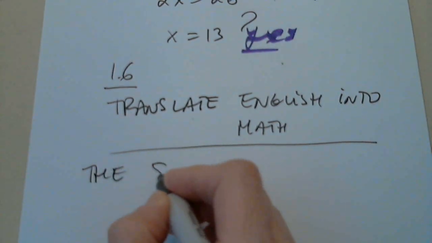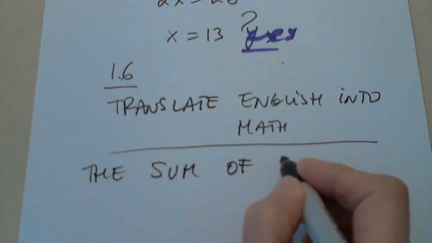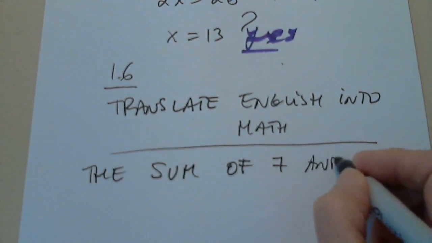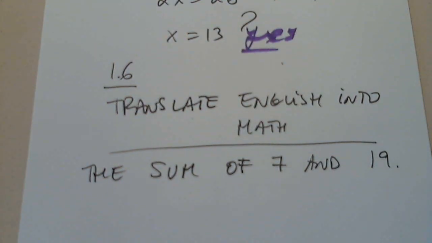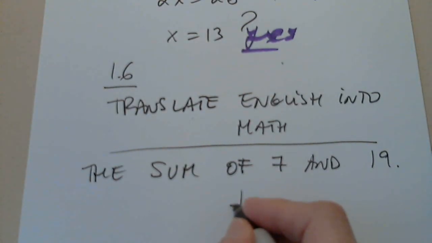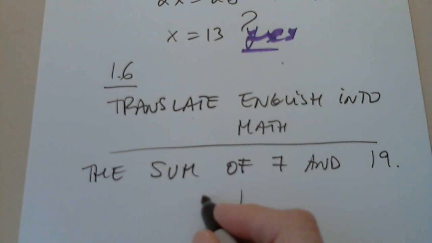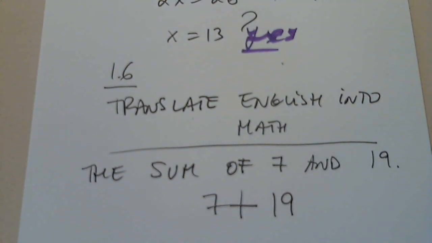So, the sum of 7 and 19. How would you translate that? The sum of 7 and 19.